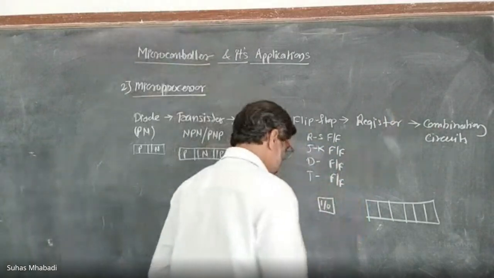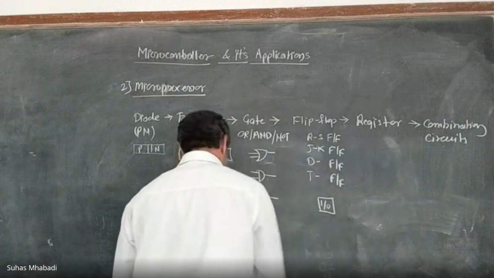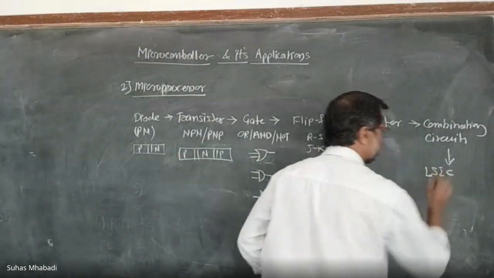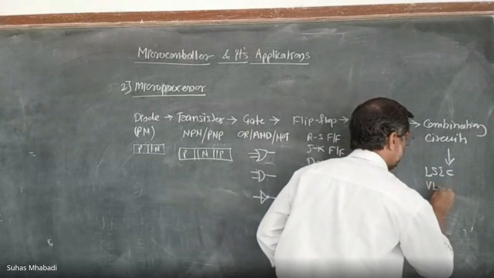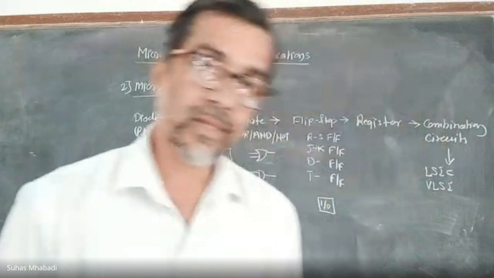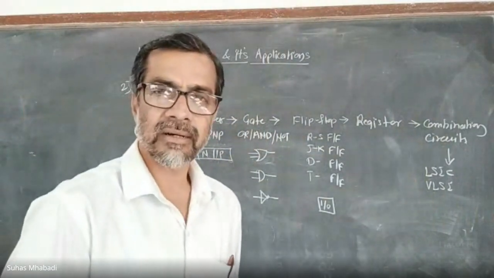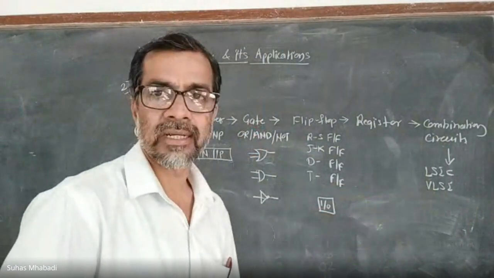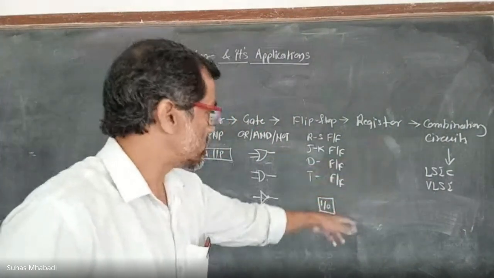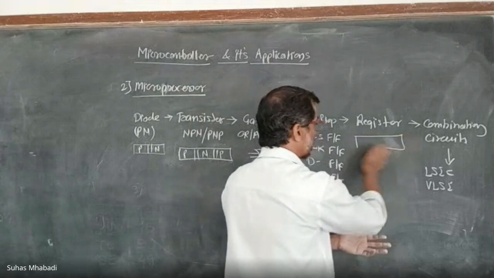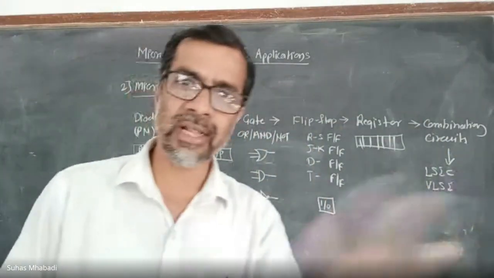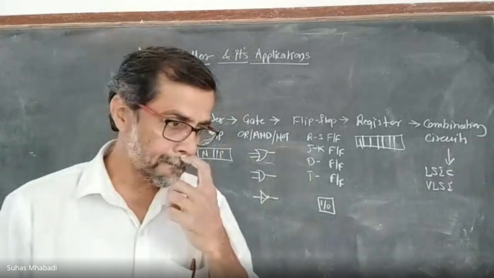So this will lead to either large scale integrated circuits or very large scale integrated circuits. If lakhs of registers are combined together, that is called a very large scale integrated circuit. ICs are there, fine. But I said the way I can modify this register to make all 0, all 1, toggle the bits, addition, subtraction.